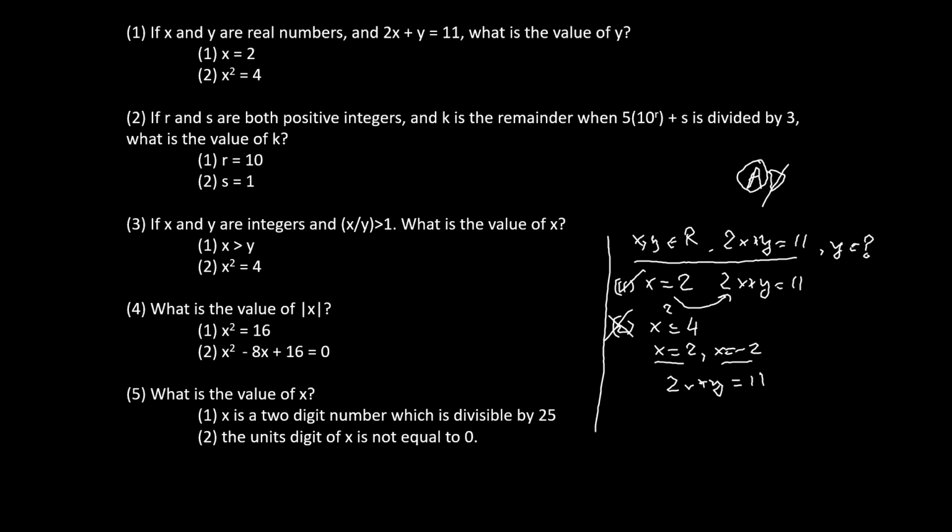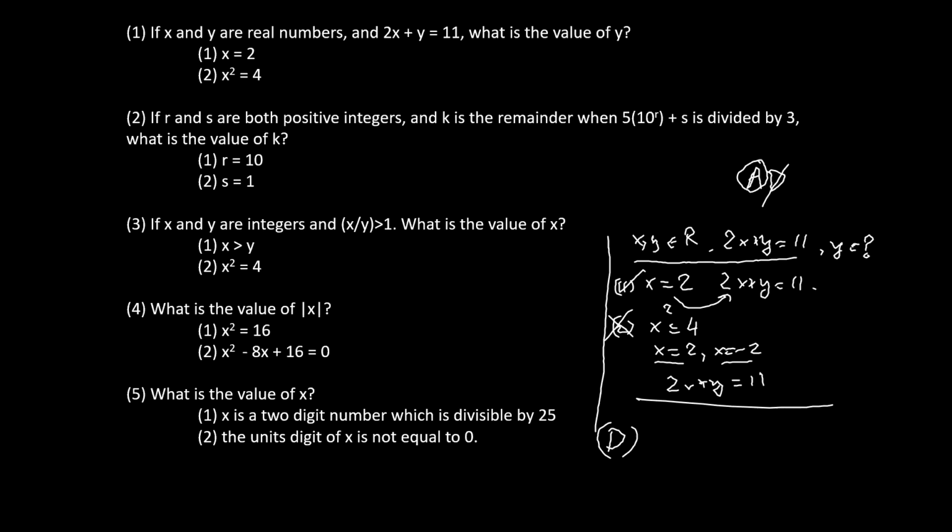So had statement 2 been sufficient, the answer would have been D, right? And here's one cool thing that I will tell you: if the answer is D in a data sufficiency problem, then both the statements will give you the same answer.